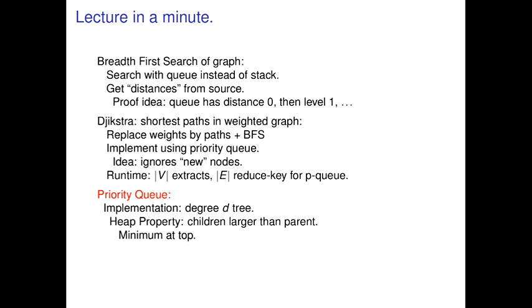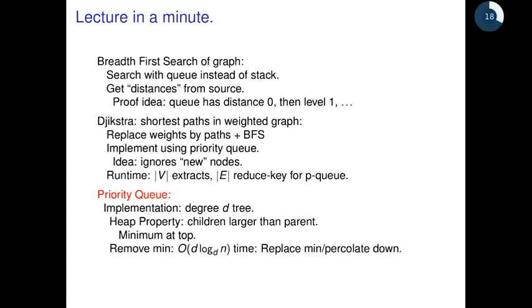The parent is smaller than its children, and their children are smaller than their children, and so on. We're going to talk about the complexity of each of these operations: remove minimum element and reduce the key. When you remove the minimum element, you mess around with the tree a little bit, because now you have a hole in the middle, so you have to deal with that.